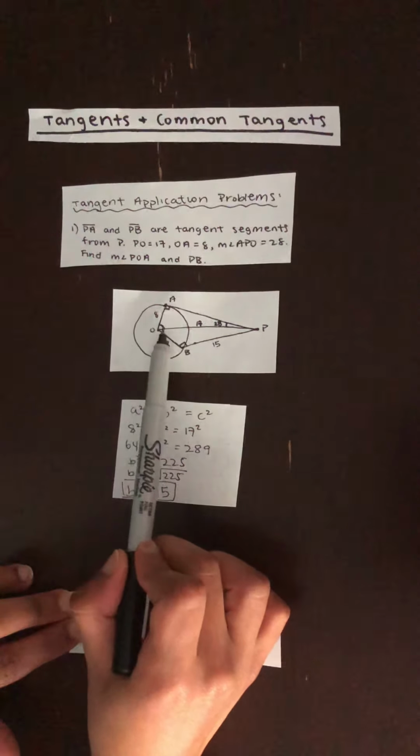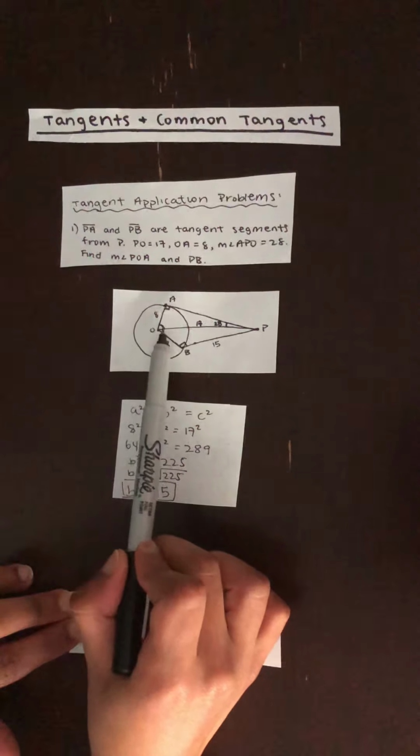We know that angle PAO here is 90 degrees, because whenever a tangent intersects a circle, it always forms a 90-degree angle with the radius.